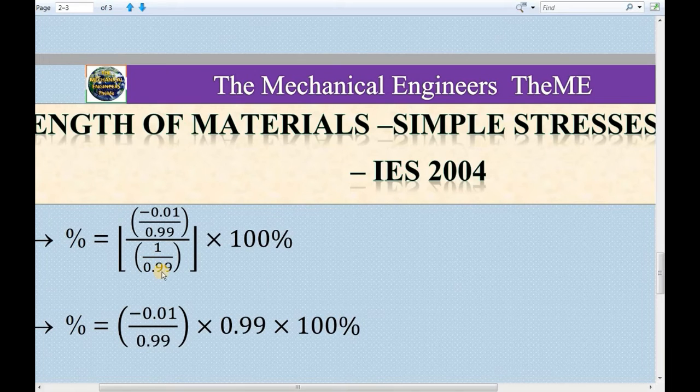We know that a by b whole divided by c by d is a by b into d by c. Similarly, minus 0.01 divided by 0.99 whole divided by 1 divided by 0.99 will be minus 0.01 divided by 0.99 into 0.99 divided by 1.